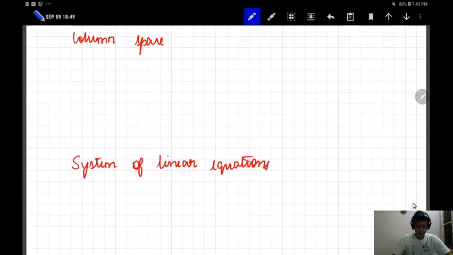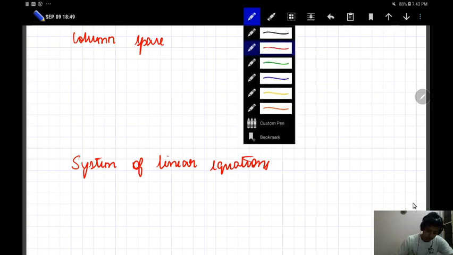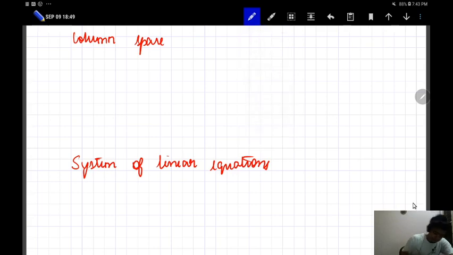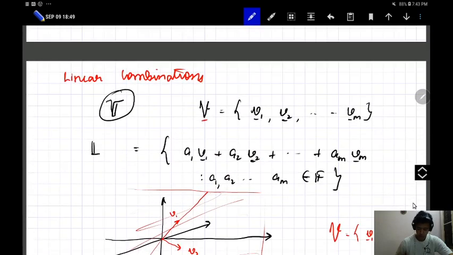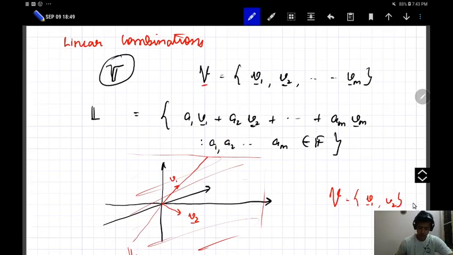Okay, so in this context, let's see an interesting vector space. So given a matrix A, the column space of A. Let me just back up for a moment to introduce some notation.